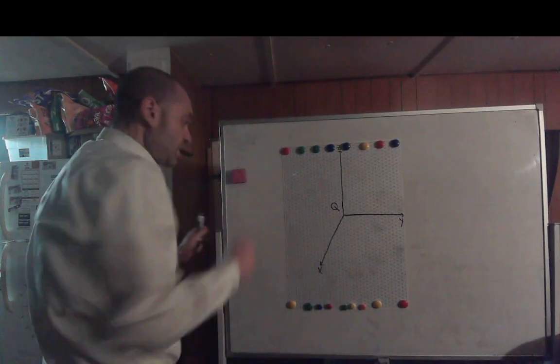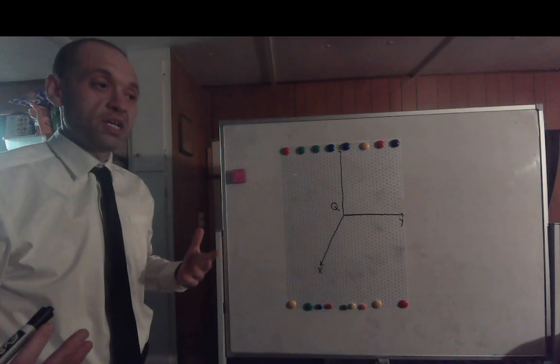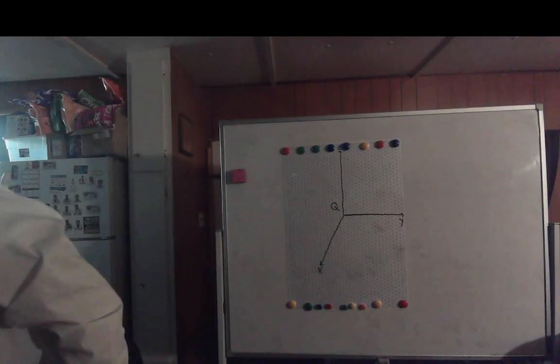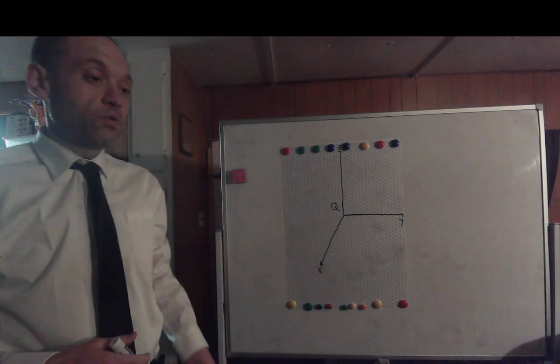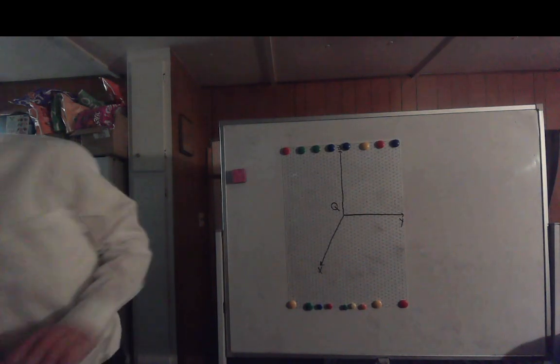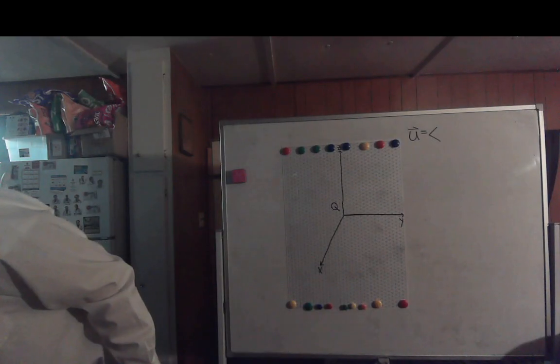Alright, so we've talked about vector scalar multiplication. Now we should also talk about vector operations. So let's do vector u equals -1, 3, 2.